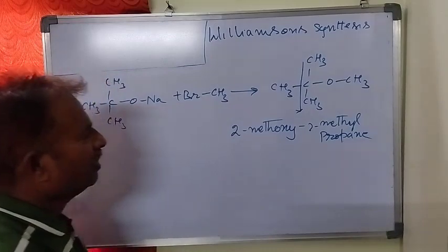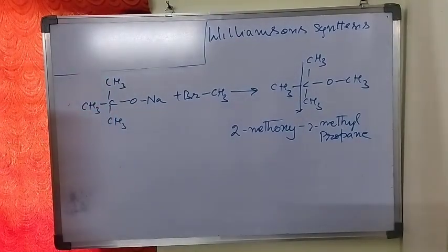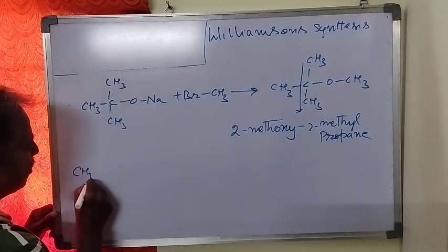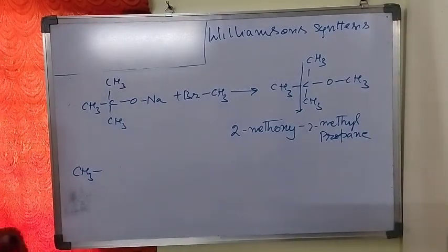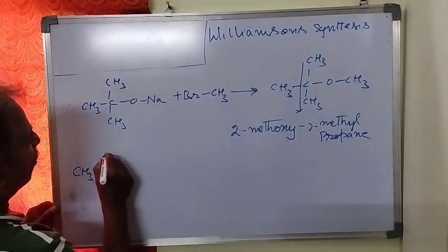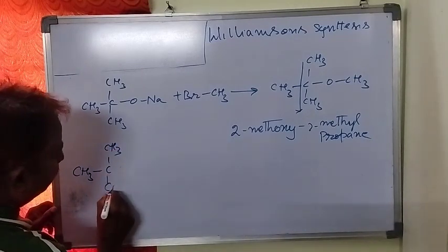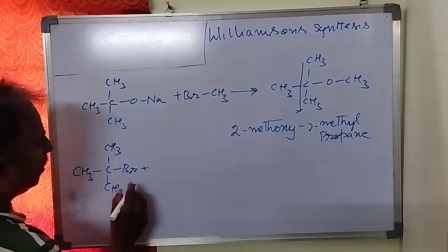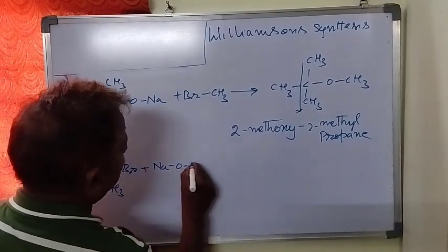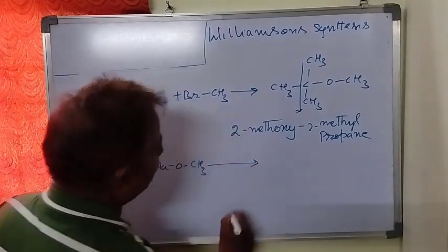If we reverse the substances, that is, instead of tertiary sodium alkoxide, if we take a tertiary alkyl halide, (CH3)3CBr, plus NaOCH3, what happens here?